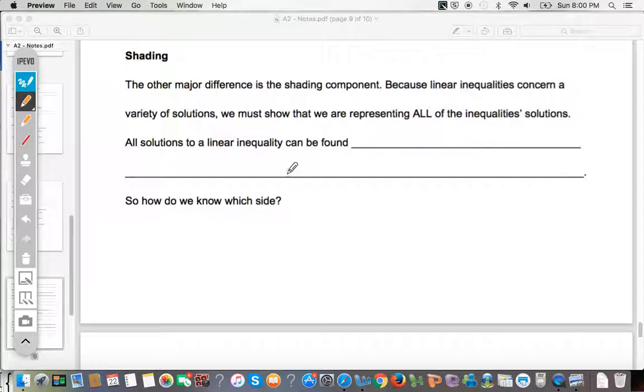So all solutions to a linear inequality can be found by shading the correct side of the line. And we know which side to shade.